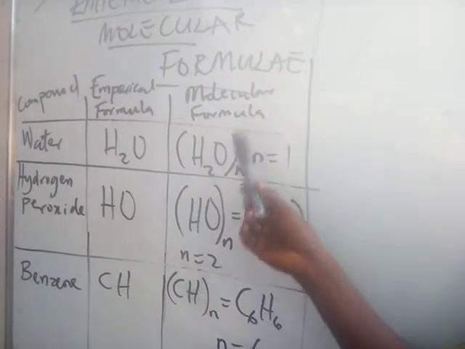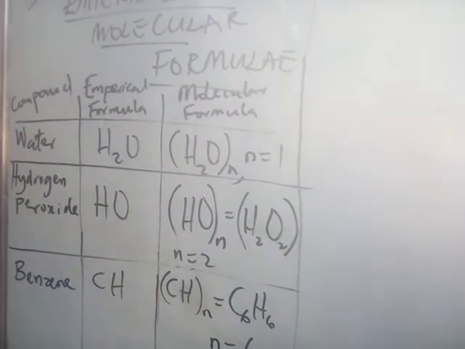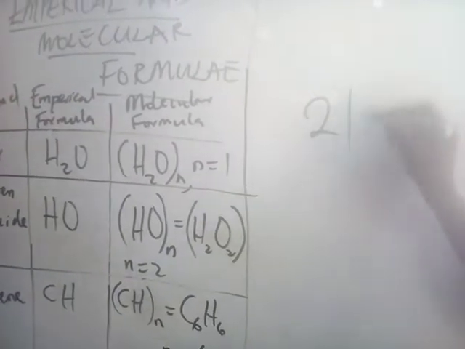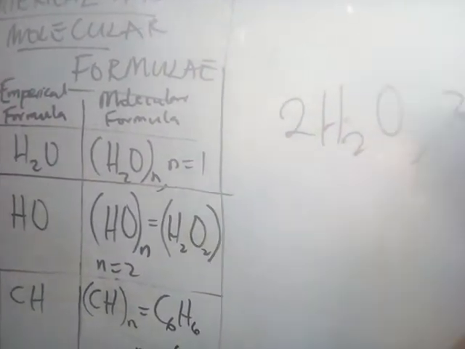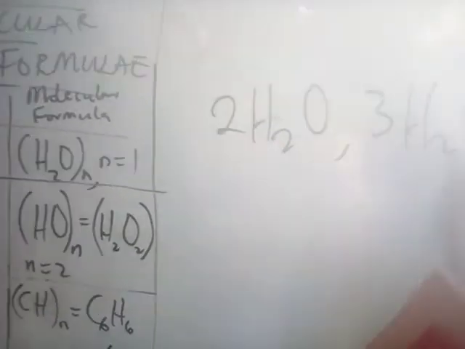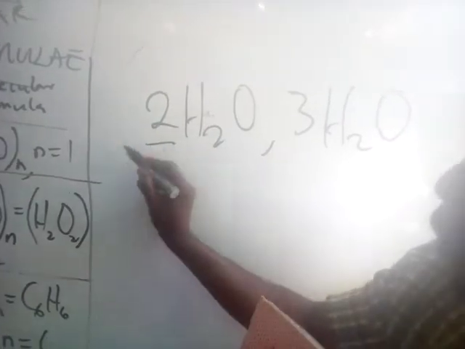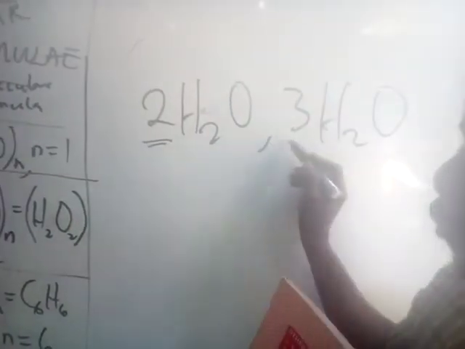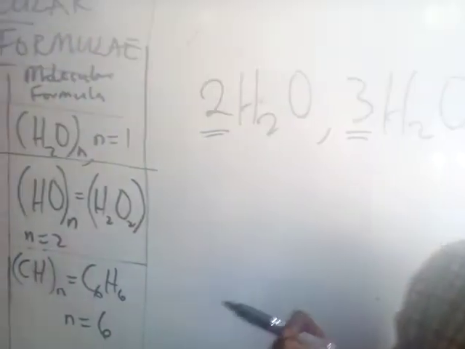If I want more of the molecular formula of water, then I can have 2H2O, 3H2O, and the rest. Why? Because molecular formula is concerned with the whole number multiples of your empirical formula.